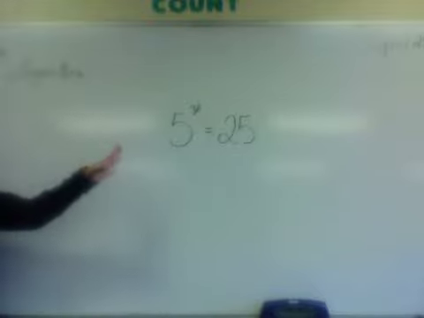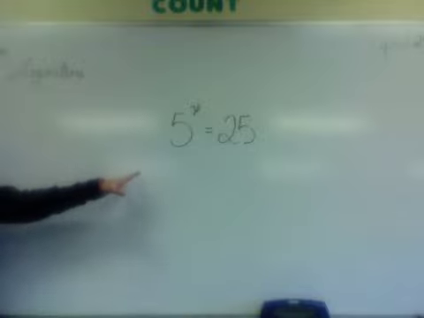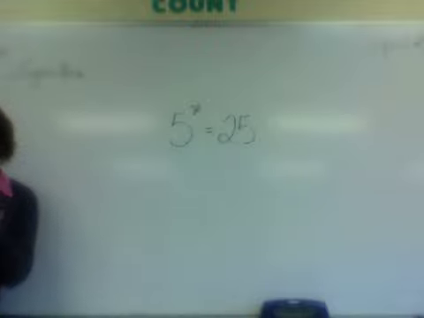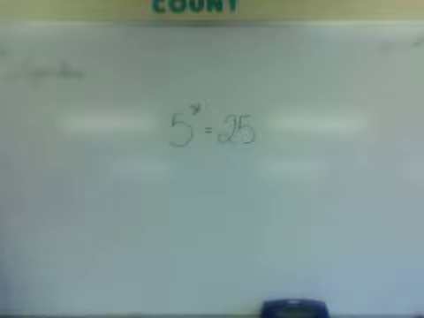Well, without working it out, we should be able to know by now that the value of x is 2, because 5 squared is what gives us 25. Correct? Okay. I want us to identify the pieces of this exponential expression because they are also present in a logarithm. And we need to know where they are. Because once we look at it, if we understand what we're looking at, then it makes so much more sense.